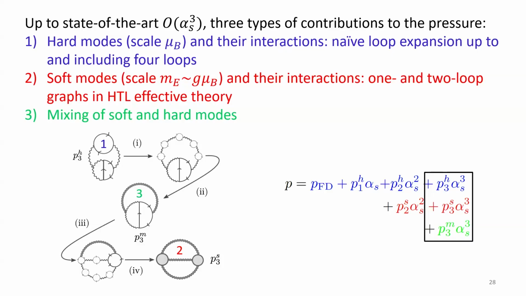You can basically dress this soft gluon line with an arbitrary number of gluonic one-loop self energies, and each of those insertions of another fermion loop, as long as the gluonic momentum is soft, contributes at the same order alpha_s cubed.